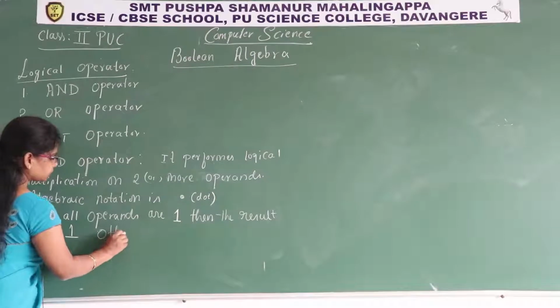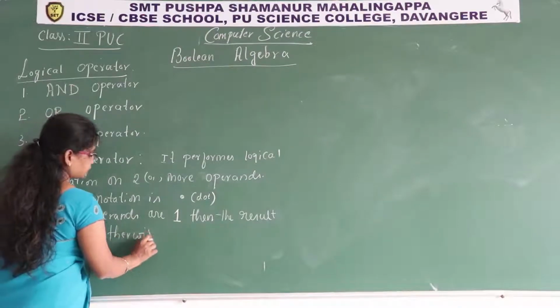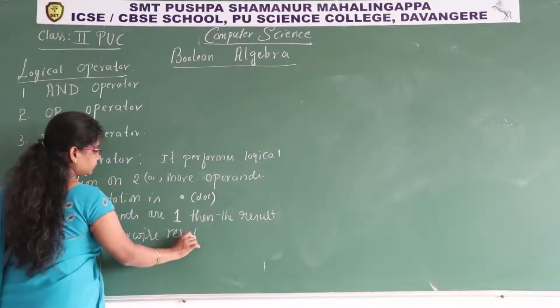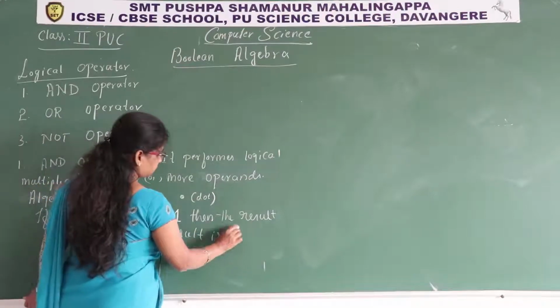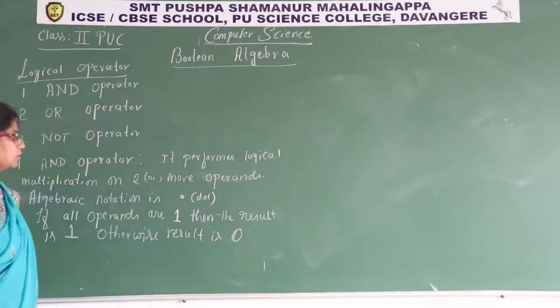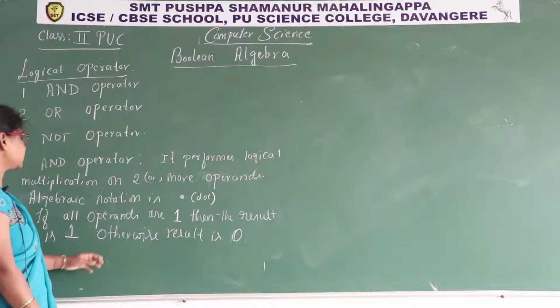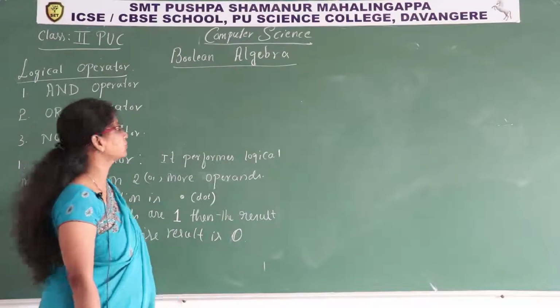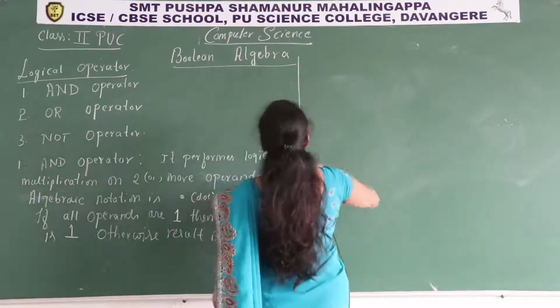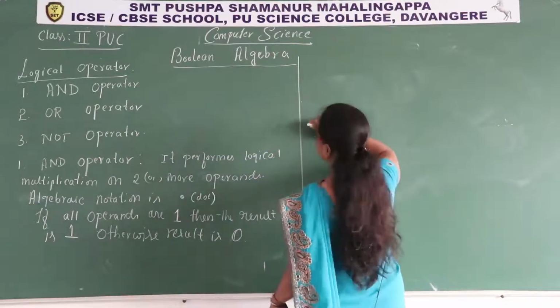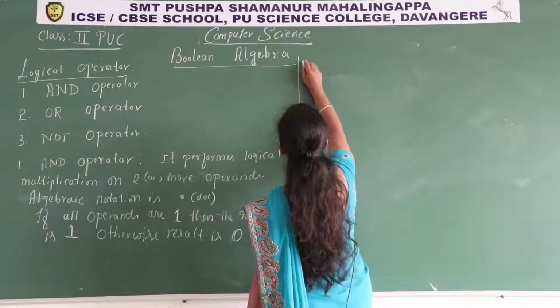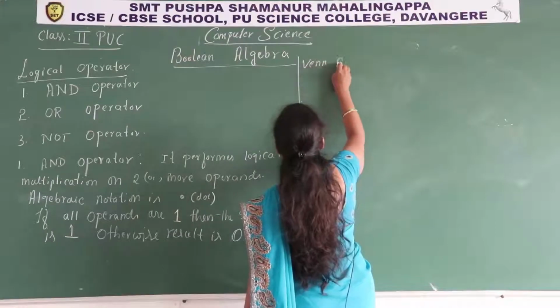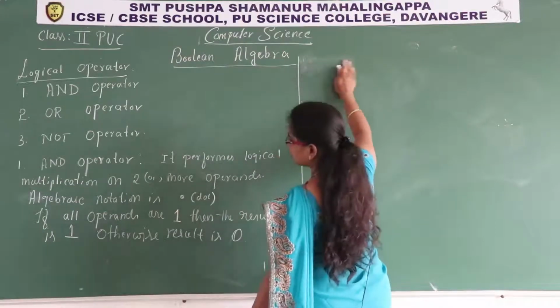Otherwise the result is 0. So in terms of gates you can say high, low. And the Venn diagram, but before that let us write the rule.